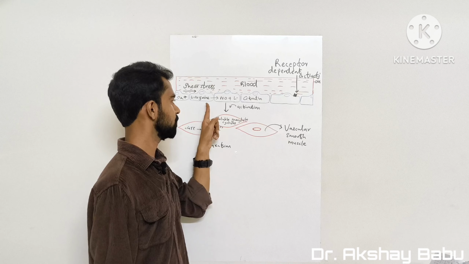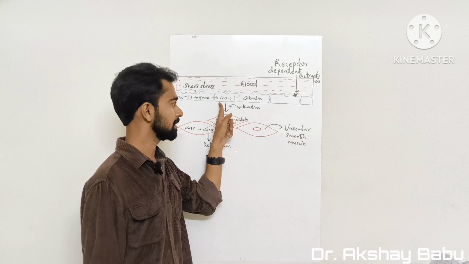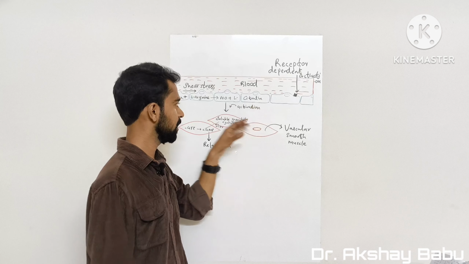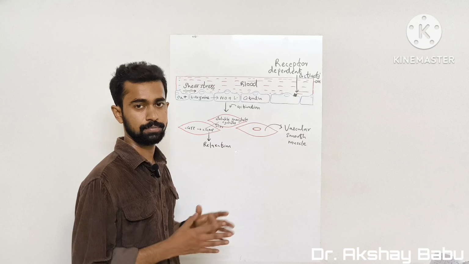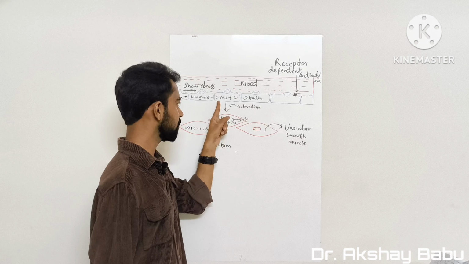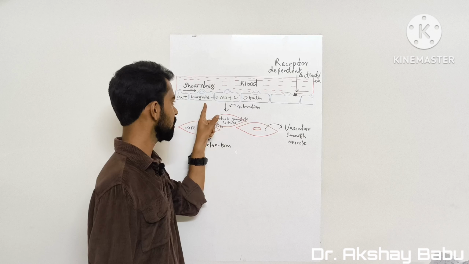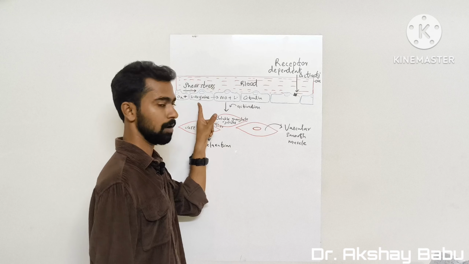After the reaction, it forms nitric oxide plus L-citrulline. Leaving aside L-citrulline, we need only this nitric oxide. The formation of nitric oxide results from the reduction of inorganic nitrate which is present in this L-arginine.